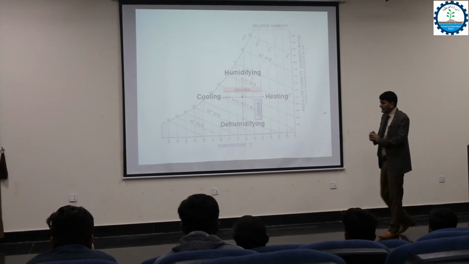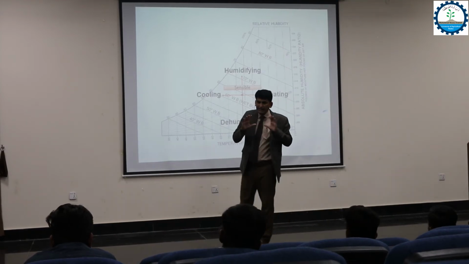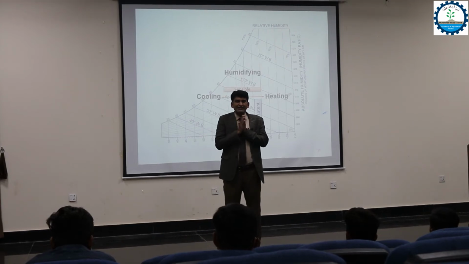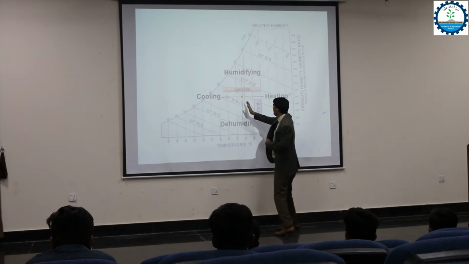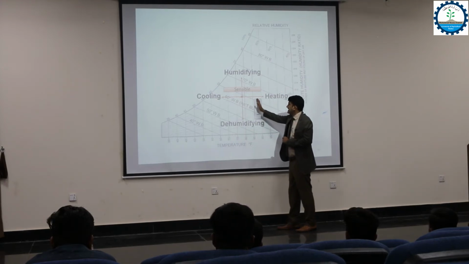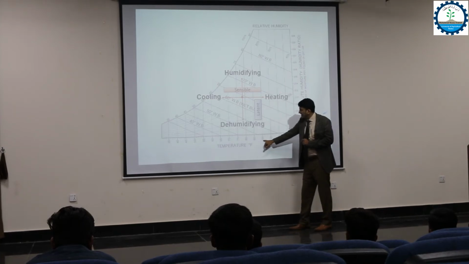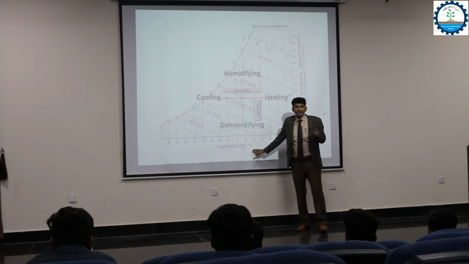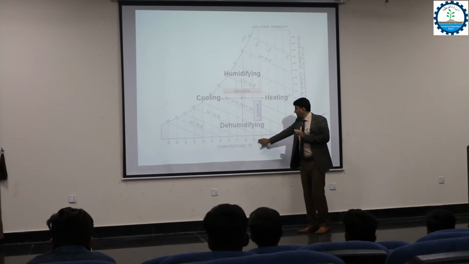Okay, next, if you check the phenomena in the constructed psychrometric chart, you have seen the trends. One trend shows that if we go horizontally in the right direction, the dry bulb temperature increases. This is in Fahrenheit. You can take the graph in any scale. So now this is in Fahrenheit scale.